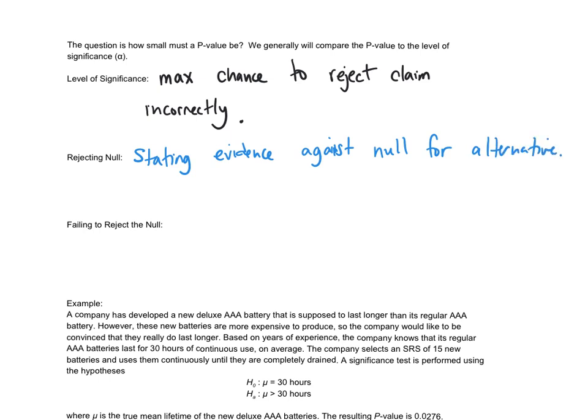Okay, so we will reject the null. We'll say it's not true if we are rejecting the null. We do this, and this is very important, when the p-value, that chance of finding a rare sample, is less than our level of significance alpha.